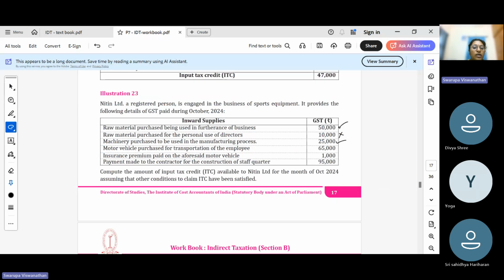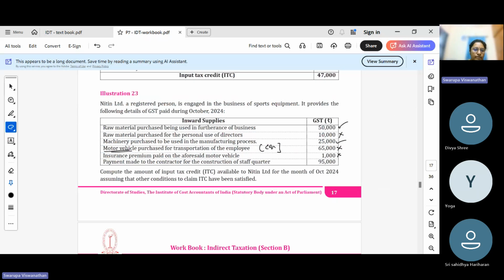Motor vehicle purchased for transportation of employees. If the motor vehicle seating capacity is greater than 13, then credit is allowed. Like if it is a bus, credit is allowed. If it is a car, credit is blocked. So I would consider this is a motor vehicle. So it's a car. I will assume it is a car and hence the credit is blocked. I cannot take ITC. Insurance premium paid on the above. If the motor vehicle's credit is blocked, then for all the ancillary incidental expenses also credit is blocked.